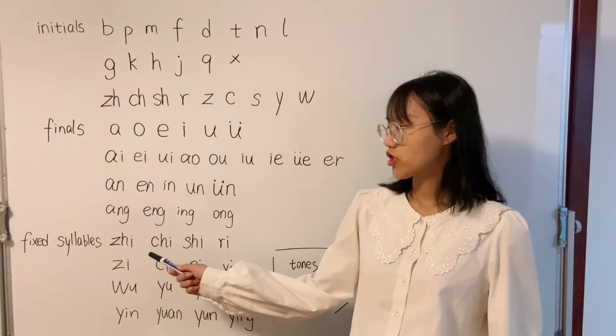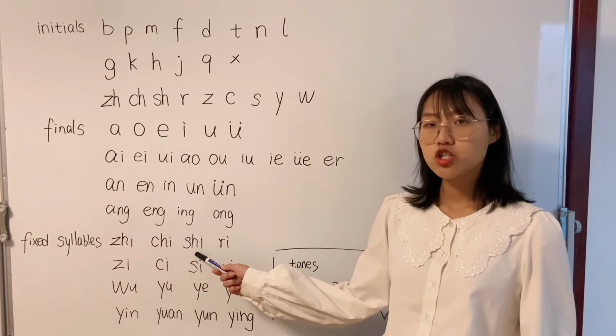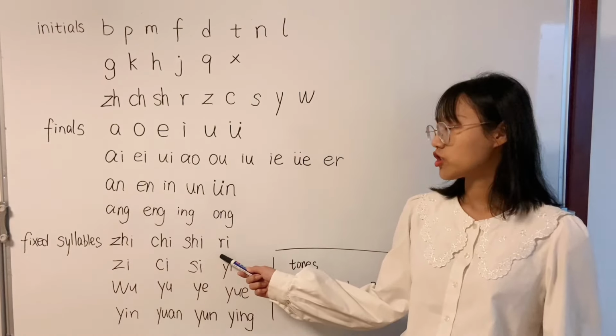Zhi, chi, shi, ri, zi, ci, si, yi, wu, yu. So look at this. Remember this, how does it sound? Zhi, chi, shi. So if we put this one, it's still pronounced like zhi, chi, shi. Remember how this sounds?